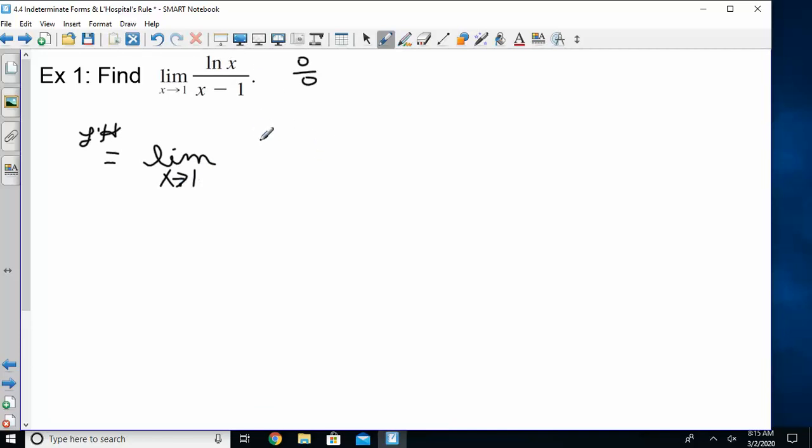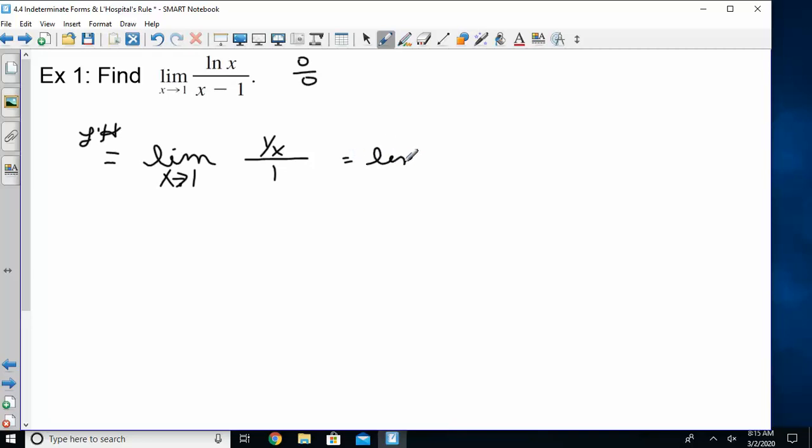What is the derivative of the natural log? That's the exponential form. 1 over x. The derivative of the natural log is 1 over x. We did that right before Christmas. On the bottom, what's the derivative of x minus 1? 1.